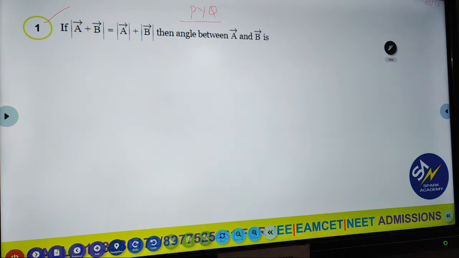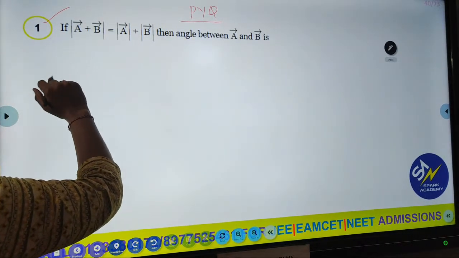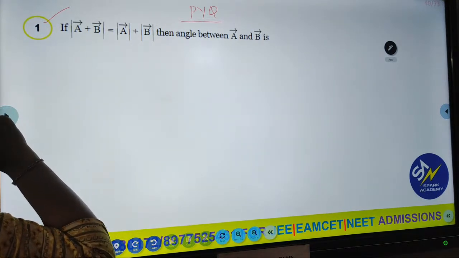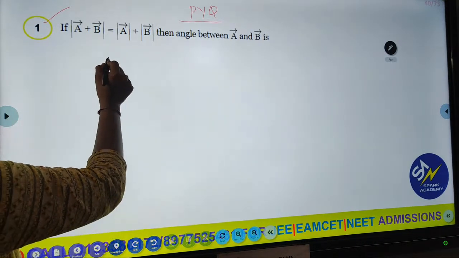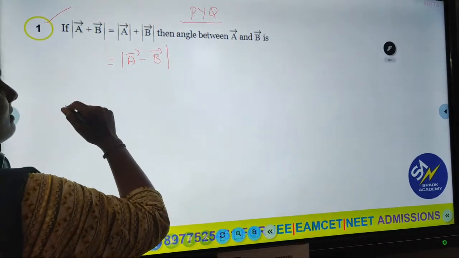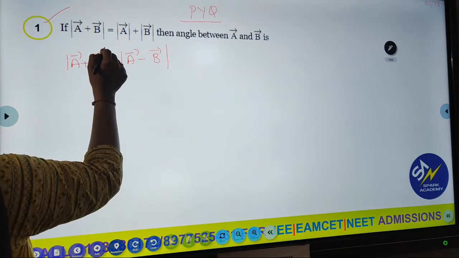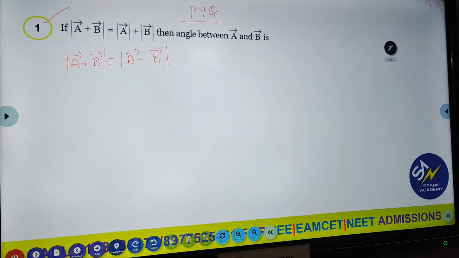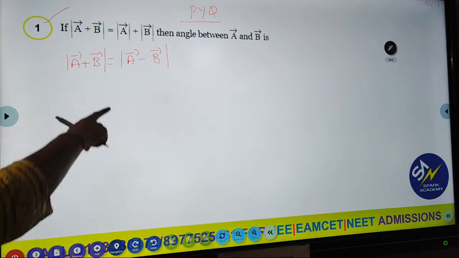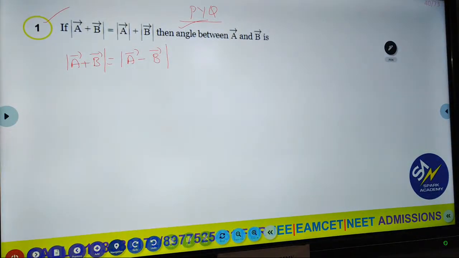Here the first question, magnitude of A bar plus B bar is equal to magnitude of A bar, actually it should be magnitude of A bar minus B bar. So let us change the question here. If the magnitude of vector addition is equal to the magnitude of subtraction of vectors, then what is the angle between A bar and B bar?